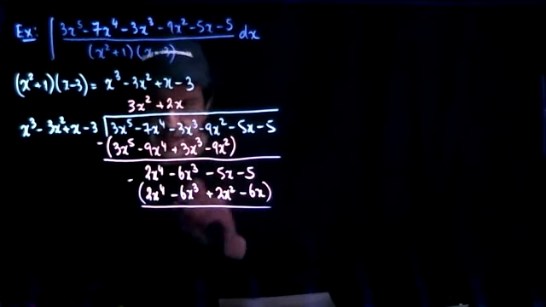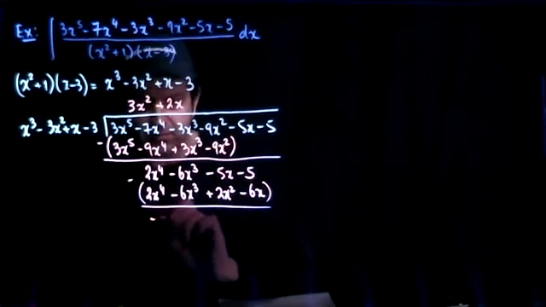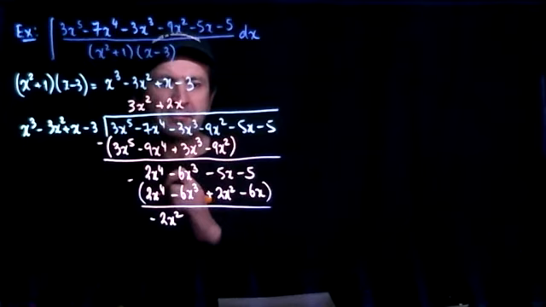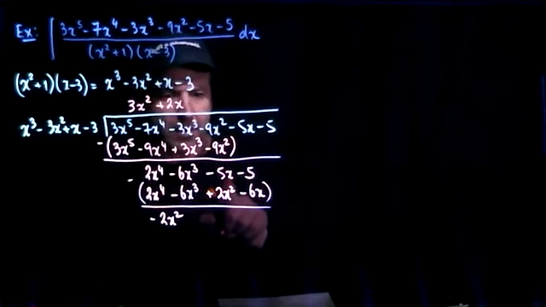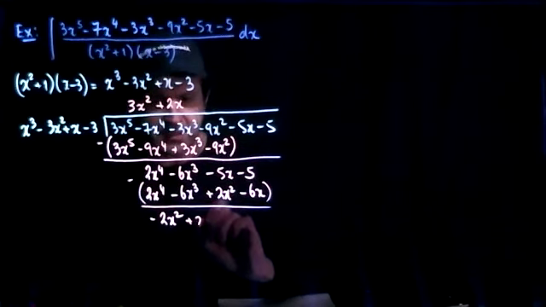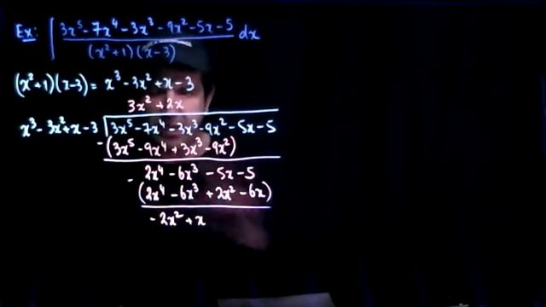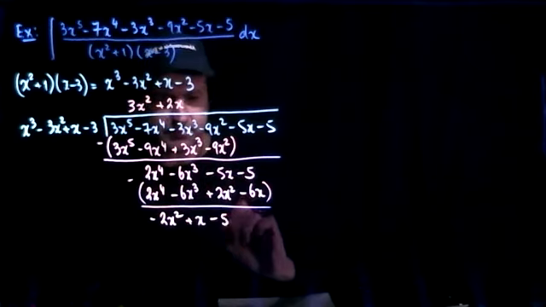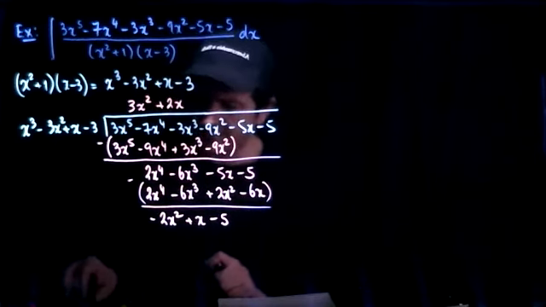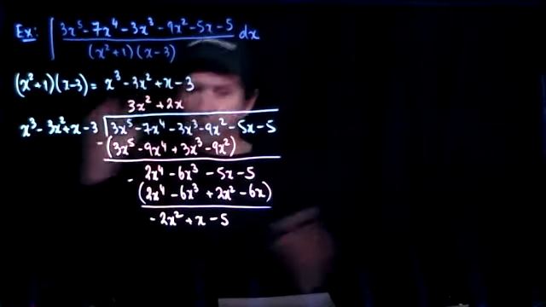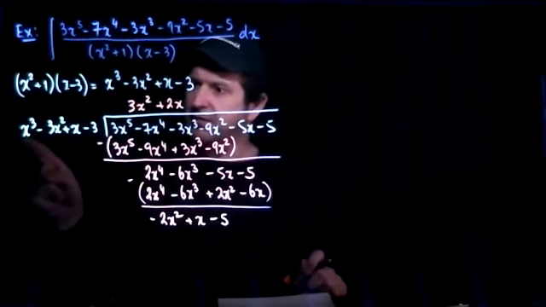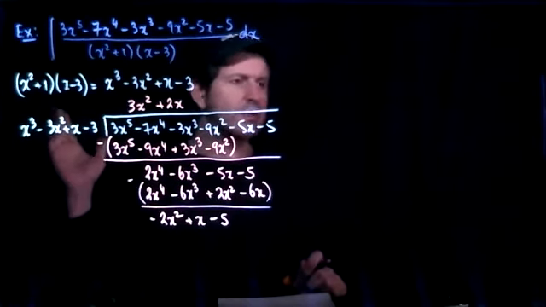I have negative 2x^2, minus 5x plus 6x is plus x, and then I have minus 5. And I'm done. The division is done because now the degree here is less than the degree here, so I can't go any further.